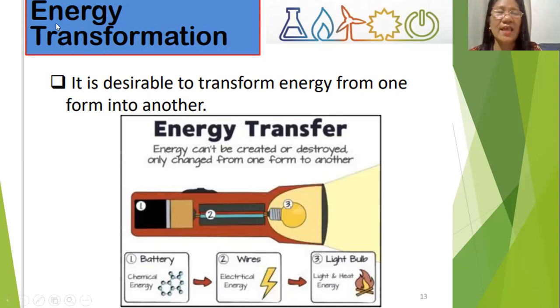That is energy transformation. An example for this is the one in Iligan, the Maria Cristina Falls, which is the main source of the hydroelectric power plant, wherein we had our electricity.